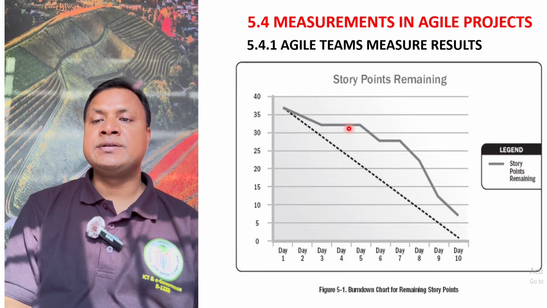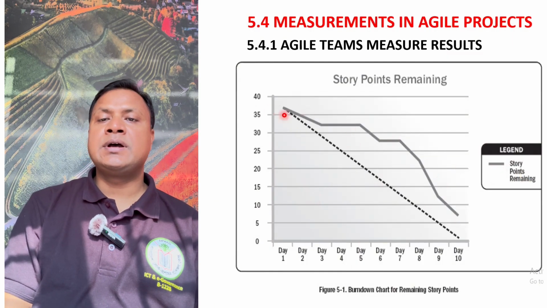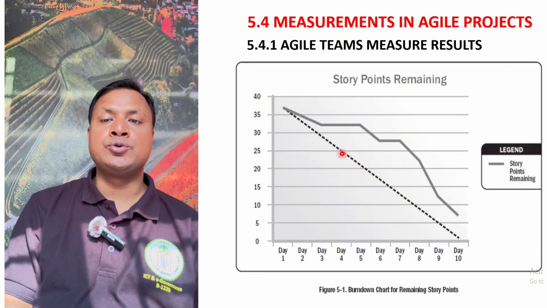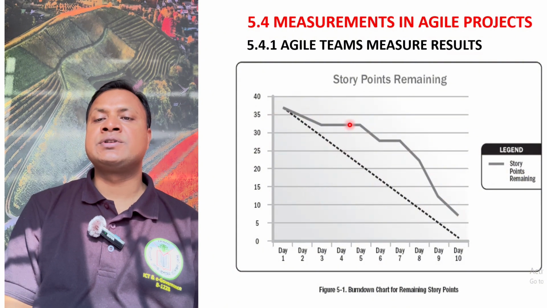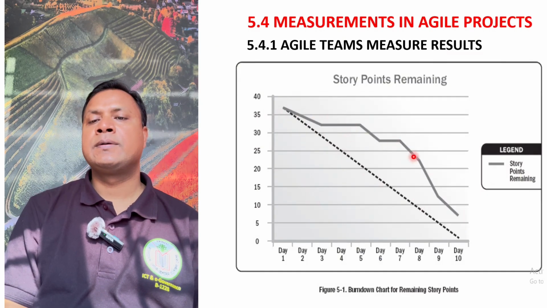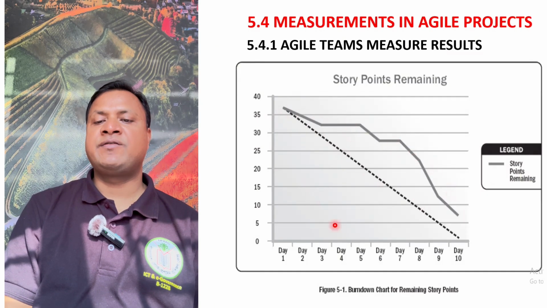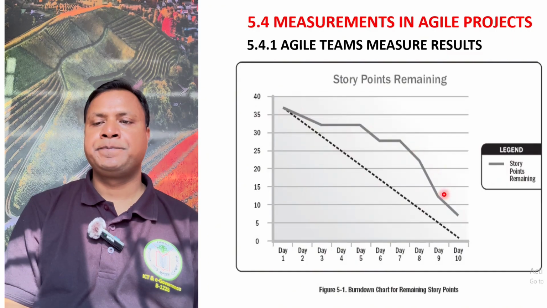This is the plan, you should have gone this way, but you are in this part, so it's remaining. After 3 days you are actually behind. In the beginning it was okay, but after 3 days you are behind.